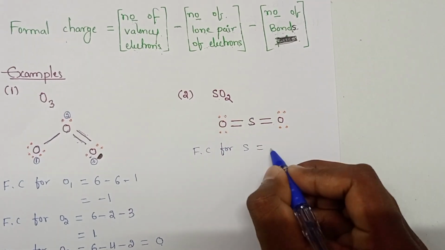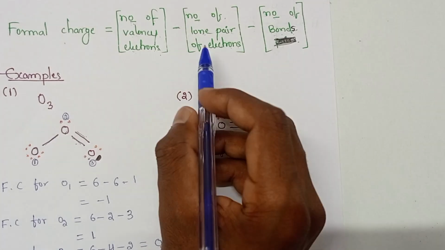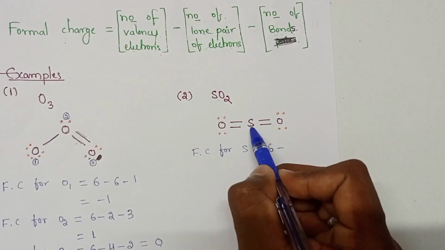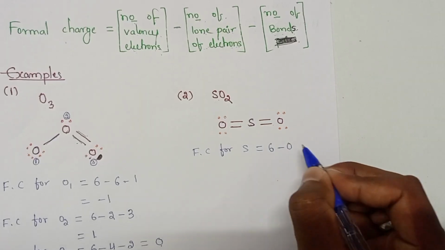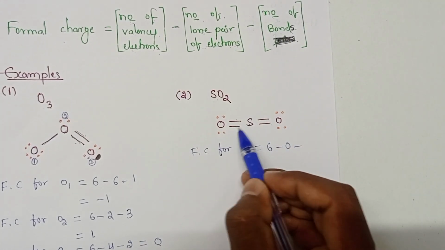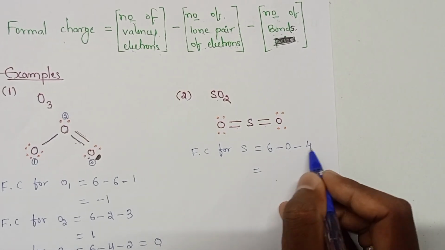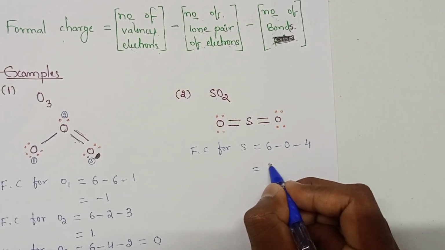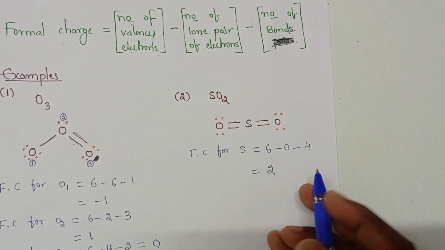For sulfur, valence electrons are 6, minus the number of lone pair electrons on sulfur, how many? No lone pair electrons, so I will write 0, minus number of bonds, how much? 1, 2, 3, 4, so 4. Therefore 6 minus 4 is equal to 2. Therefore the formal charge of sulfur is 2.